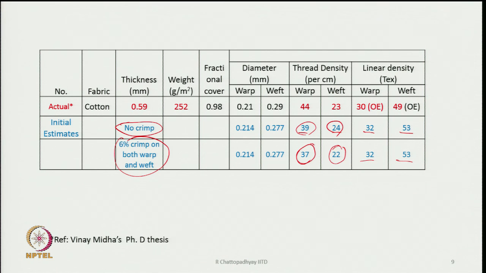That means, if we take a procedure like this based on certain assumptions, we will be arriving at values which will be relatively or quite close, not exact values, to the actuals.